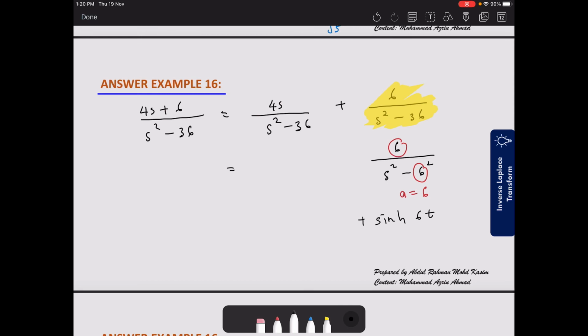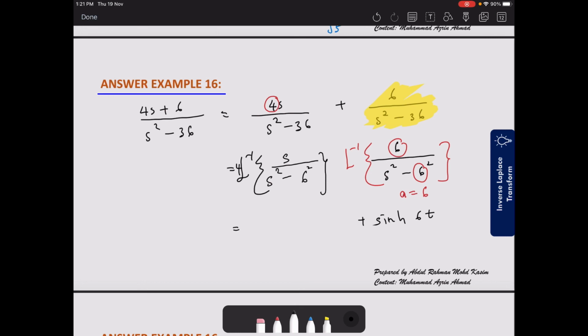Okay, the first term, as I said to you, the tip is you can make the coefficient of s and s squared equal to 1. So here I can put it over here to be clear like this. What you can do is, you want to inverse this one, and then you can put 4 over here, and then here the numerator becomes s. We have s squared, and here I can convert it as 6 squared.